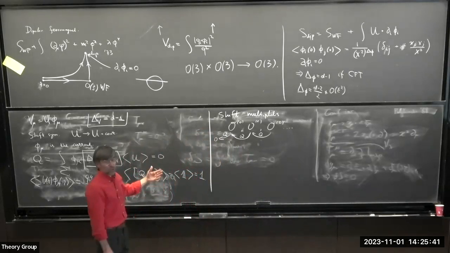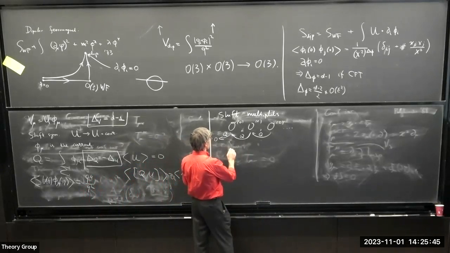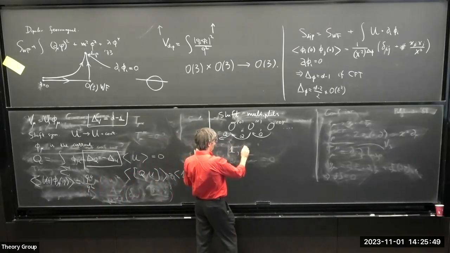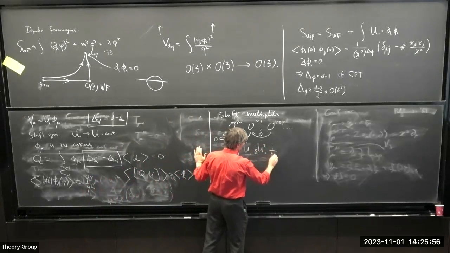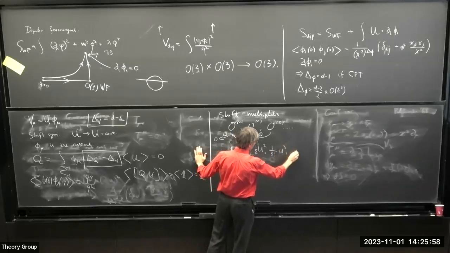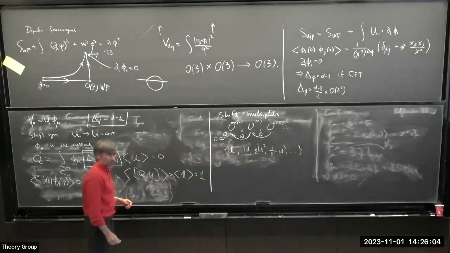So let me give you two examples of the shift multiplet. The simplest example of shift multiplet is 1, u, 1/2 u squared, 1/3 factorial u cubed, and so on. So this is a shift multiplet in the free theory.